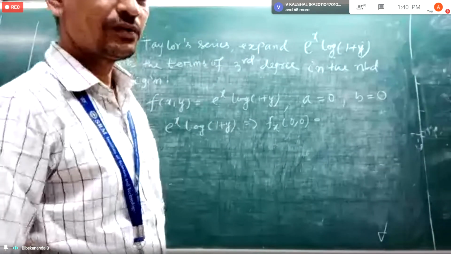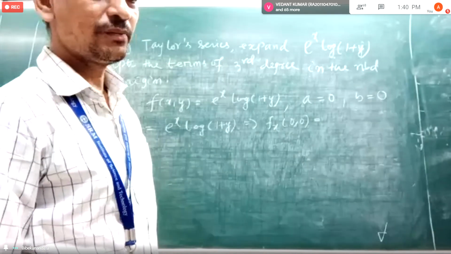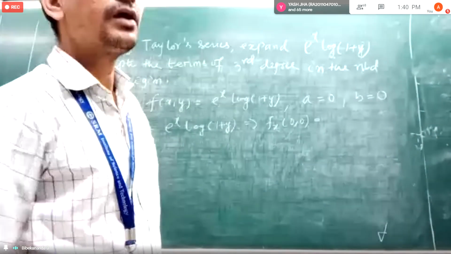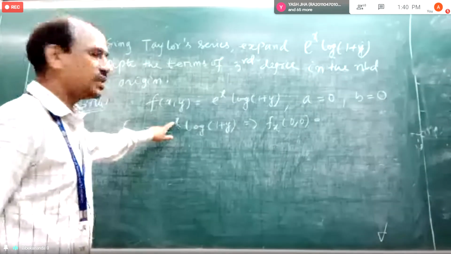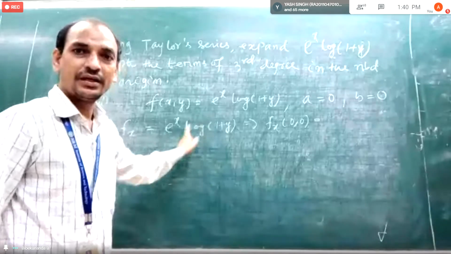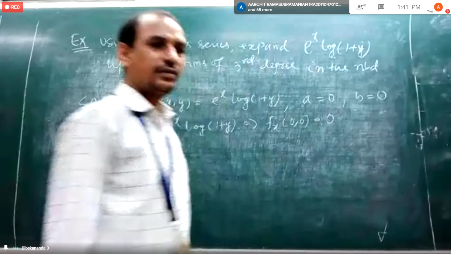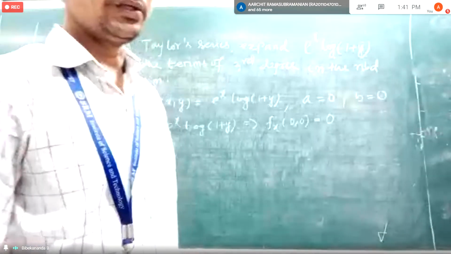Why 0? Log 1 is 0, e to the power 0 is 1. And here if I put y equal to 0, I will get log 1, and log 1 is 0. So 0 into something will be 0. Is it fine?